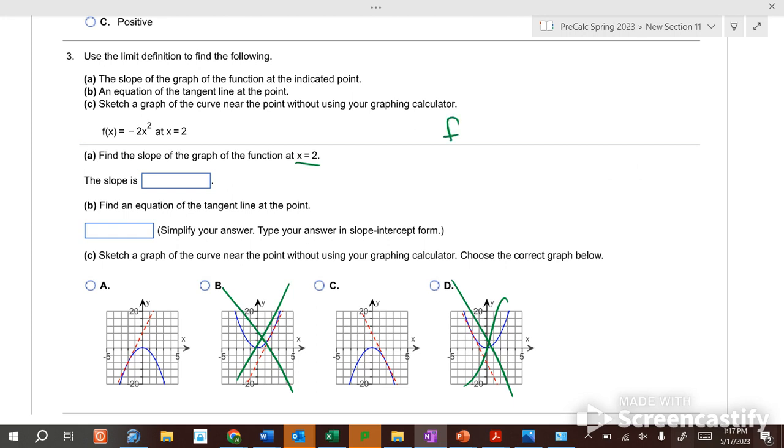So we go f of x plus h minus f of x all over h, right? You know, there's an easier way to do this.